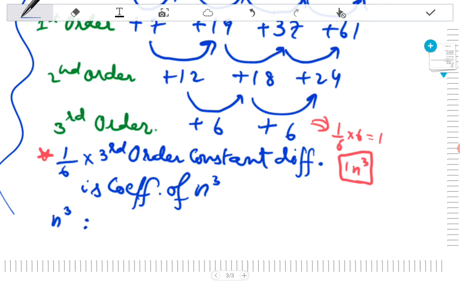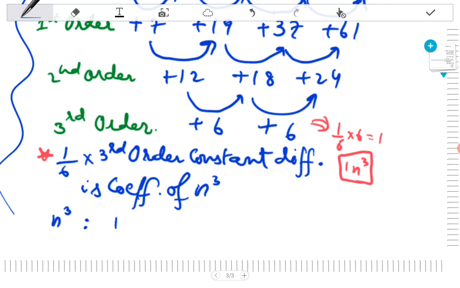Now you can make the sequence of n cube. If you try n as 1, it comes 1. If you try n as 2, it's similar to what you did in arithmetic progression, also in quadratic progression. So first of all, you find the first term of the formula. In arithmetic progression, if the first order difference comes constant, directly make it the coefficient of n.